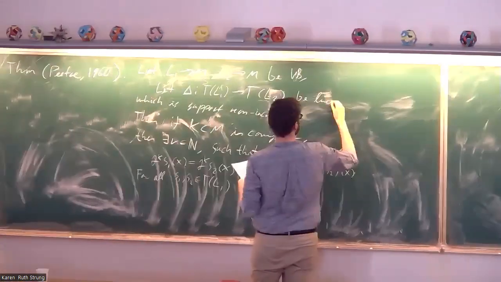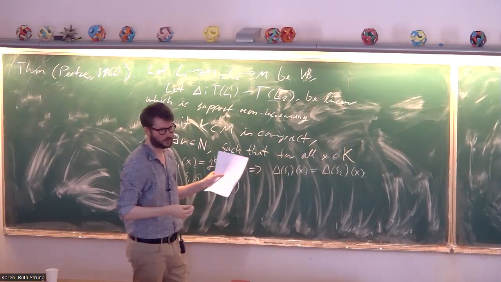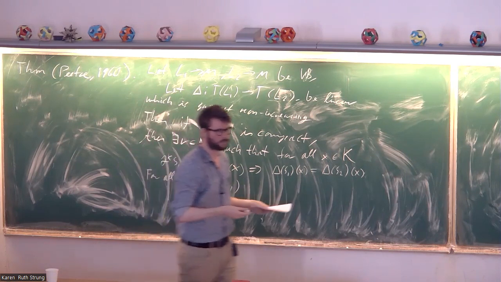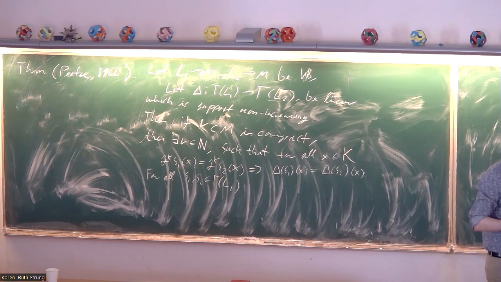We should say that this is linear. That's the original version of the Peetre theorem. There's also a nonlinear version, so this assumption is not essential, but this version from 1960 has it. The other one is due to Jan Slovak in 1987, actually, which removes the linearity assumption.